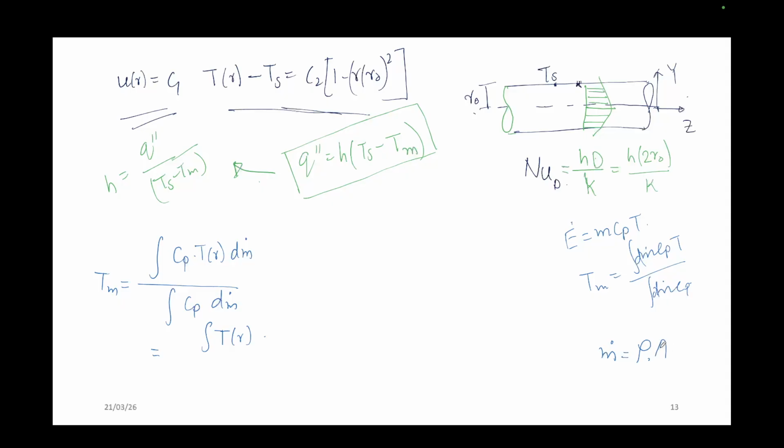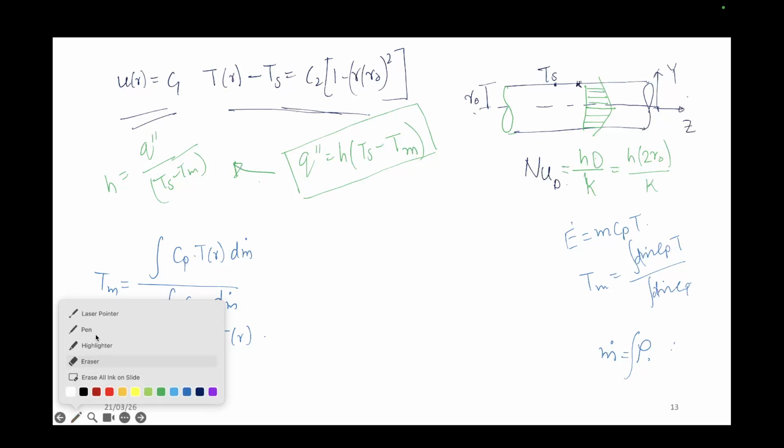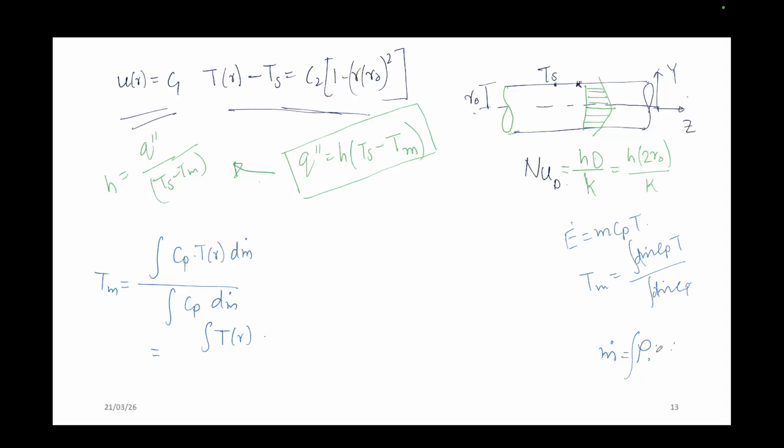Rho A V average. You got it? I don't know V average, so I have to write U R into DA. I can write now.